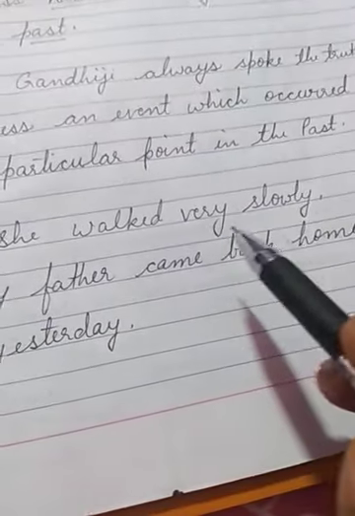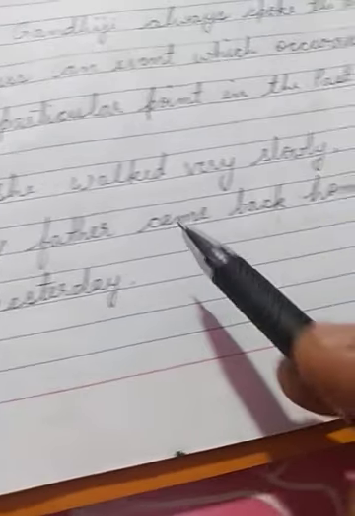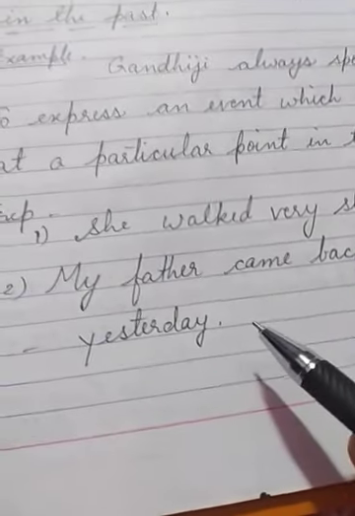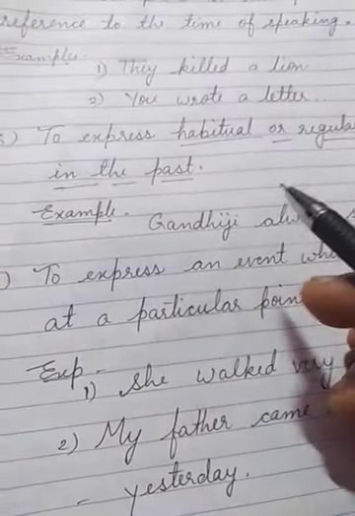For example, she walked very slowly. Second example, my father came back home yesterday. So in this way, we have seen when we use simple past tense.